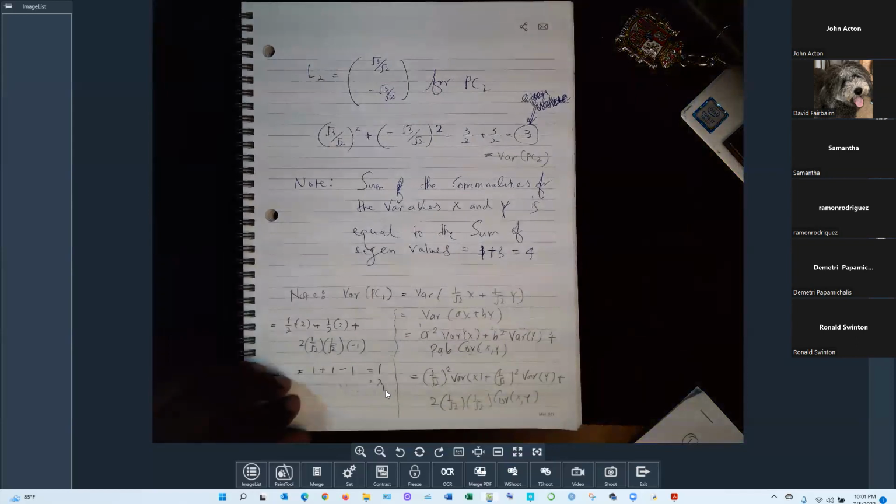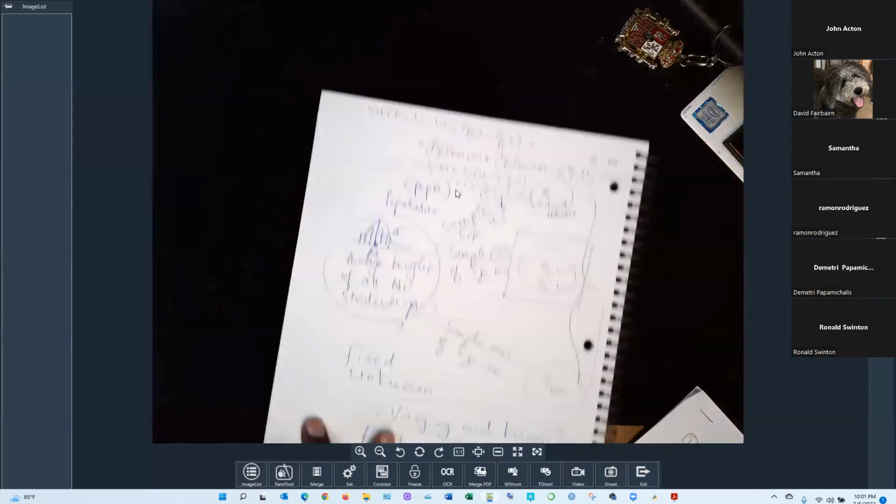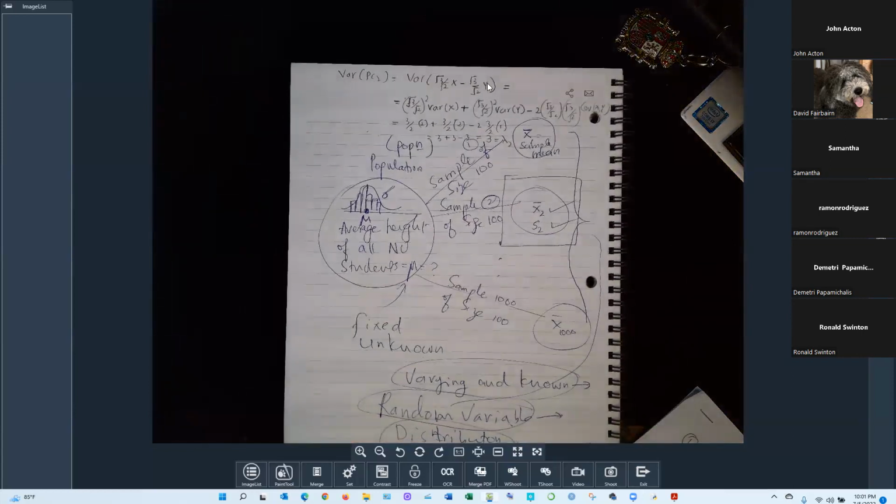I built this one, did the same thing for the second principal component using the same formula, and came up with the same eigenvalue. That means the variances of the principal components are the same as the eigenvalues.